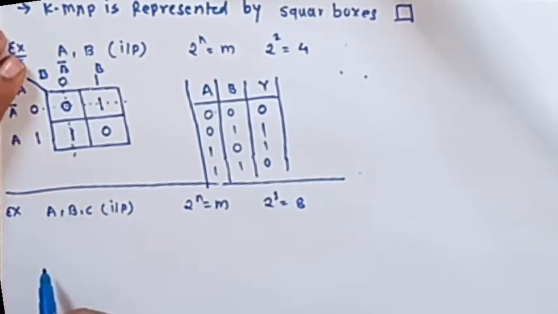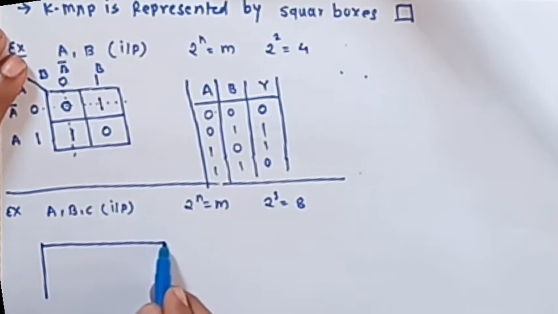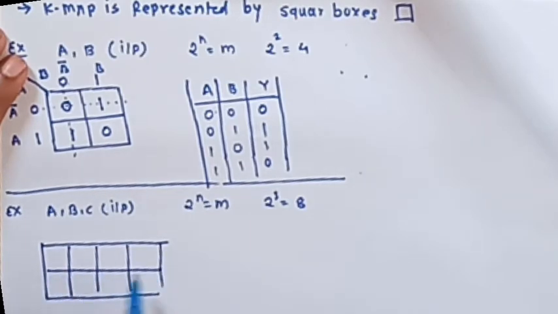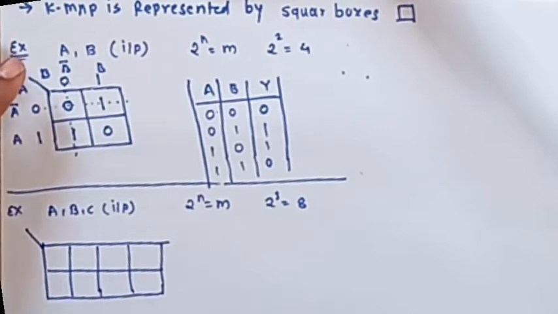So the first way is, suppose here, one, two, three, four, five, six, seven, 8. So one way is to draw the K-map like this. Here we have to indicate the input values.